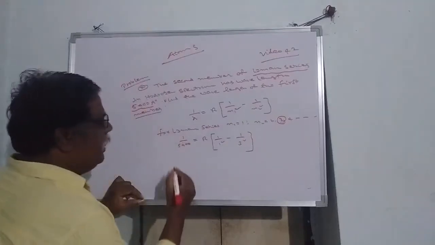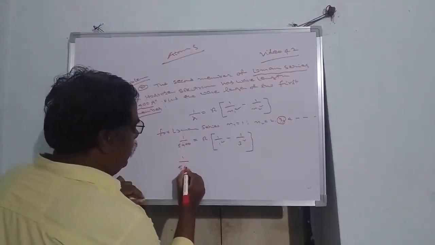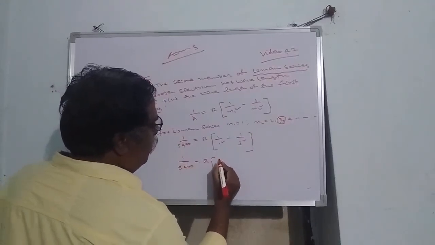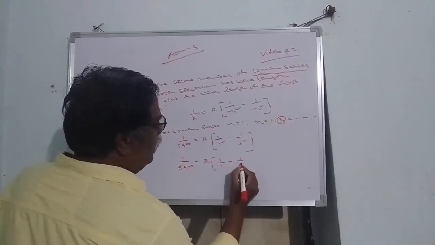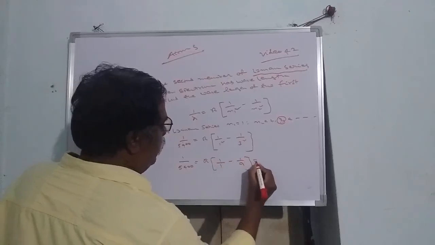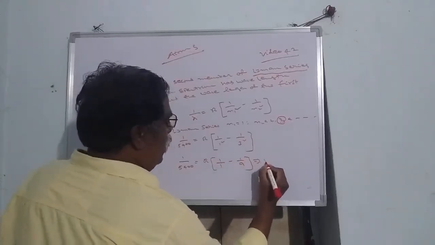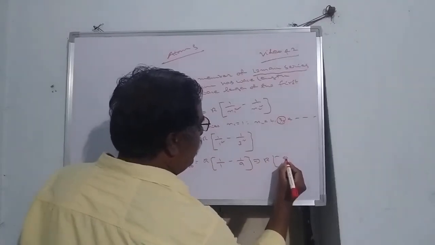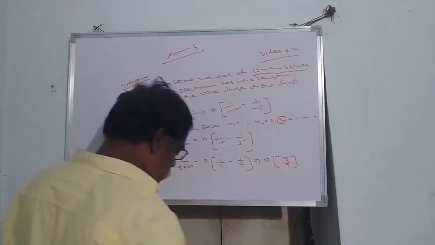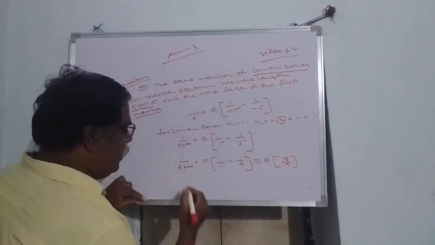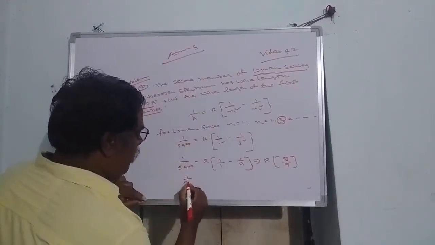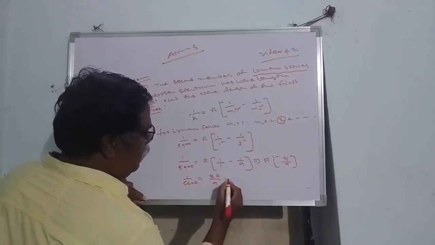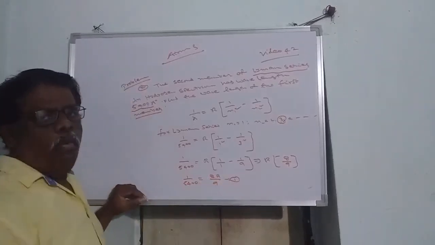Simplify this: 1 by 5400 is R into 1 minus 1 by 9, that is R into 9 minus 1 by 9, which is 8R by 9. Therefore 1 by 5400 is equal to 8R by 9. Give it as equation number 1.